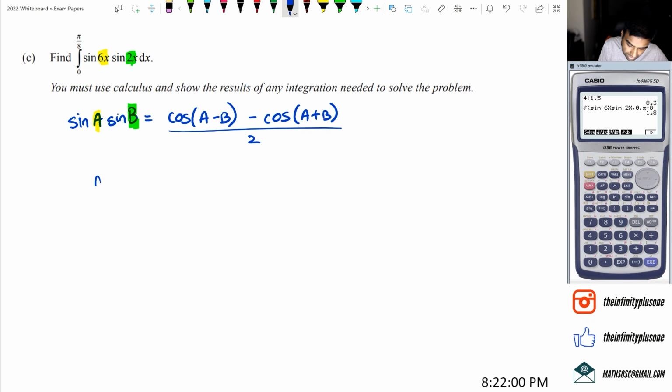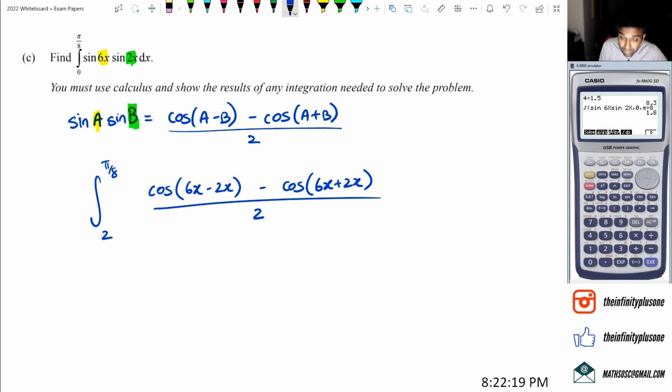So what I'm going to do is put down the integral from 0 to pi over 8, and I've got here cos A minus B, so that could be written as cos of 6x minus 2x, minus cos of A plus B, which is 6x plus 2x. And the whole thing is divided by 2.